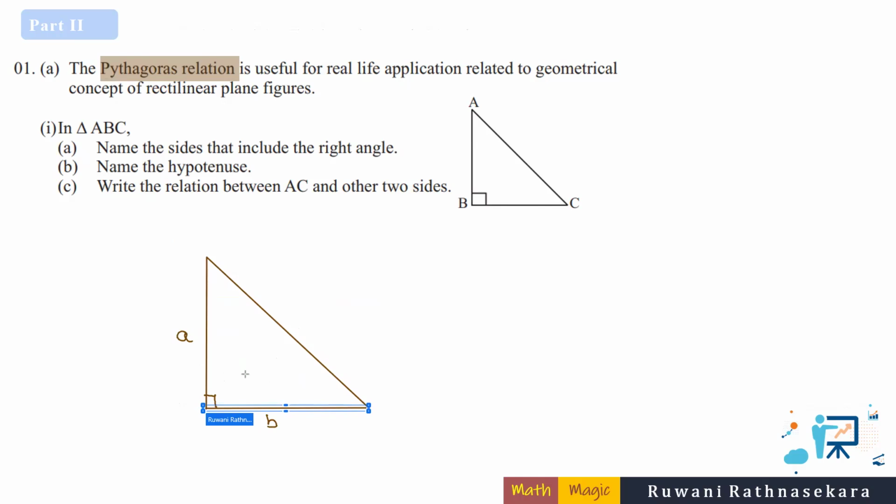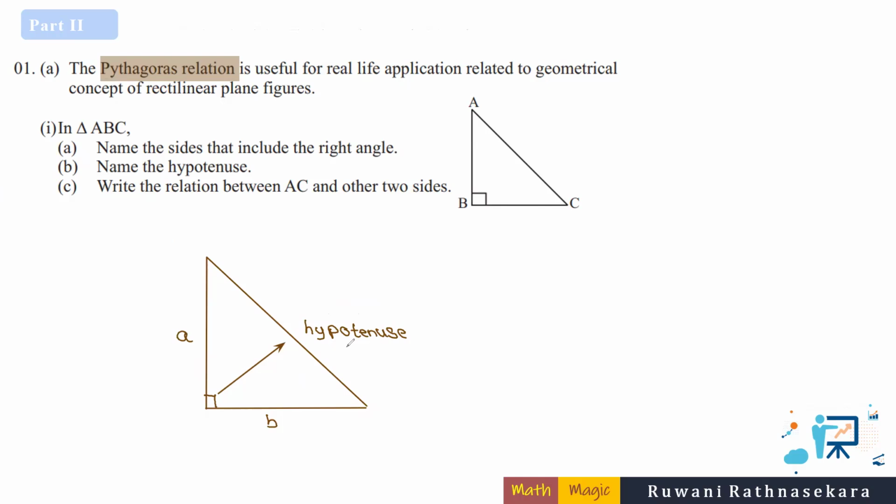Disregarding these two sides, there's a side remaining which is opposite to the right angle. That side which is opposite to the right angle is the longest side of a right angle triangle. It has a nice name, which is hypotenuse. If you can, write down this summary. Hypotenuse is the side opposite to the right angle, being the longest side of any right angle triangle.